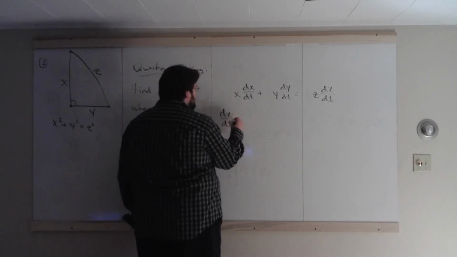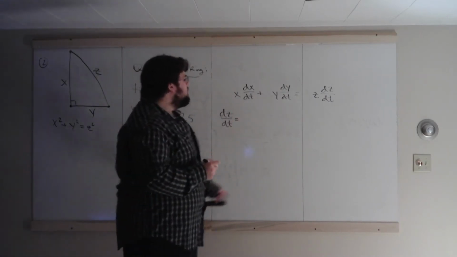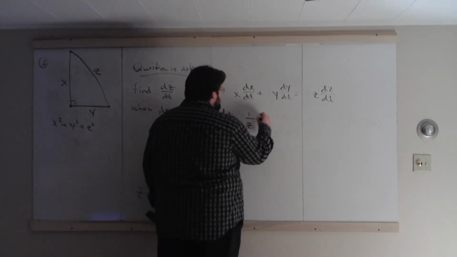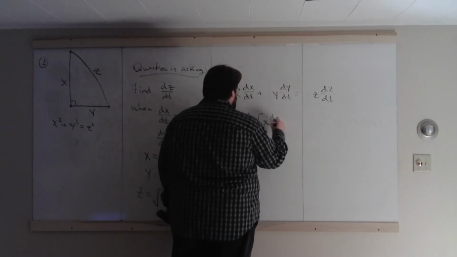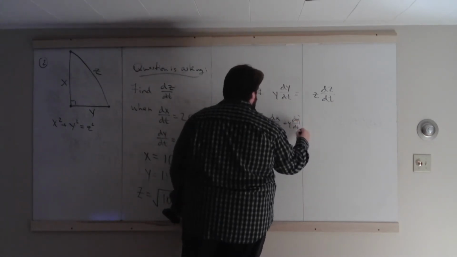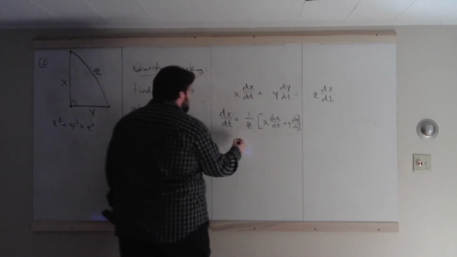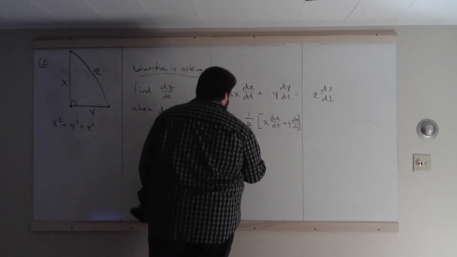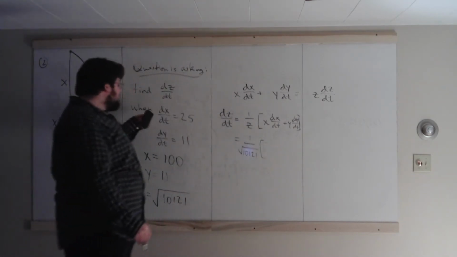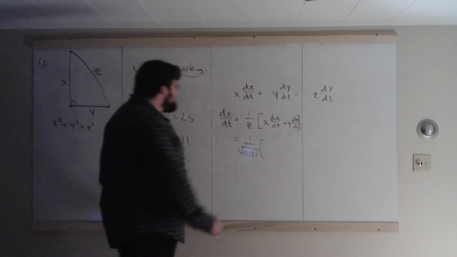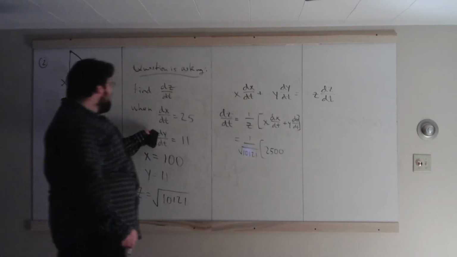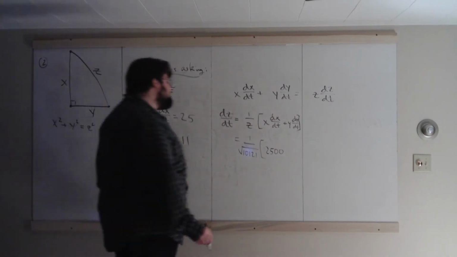Could substitute then solve. I'm going to do them both at the same time. This divided by z, so I'll write that as 1 over z times x dx dt plus y dy dt. That's a parentheses. So 1 over z, 1 over root 10,121 times x dx dt, 100 times 25, 2,500, plus y dy dt, 11 times 11, 121.